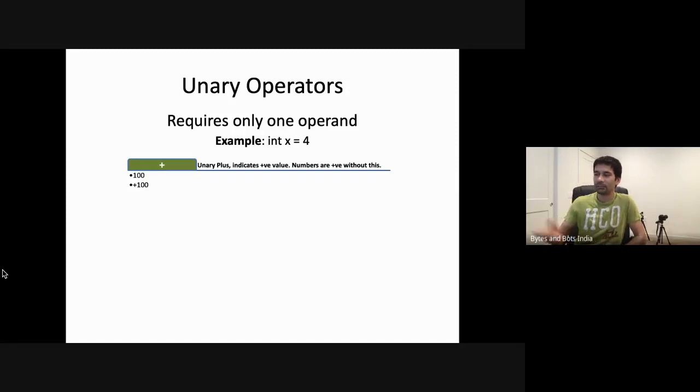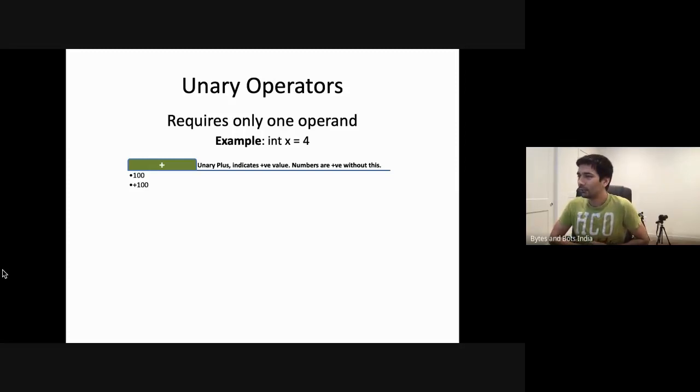As an example, we'll consider x as a variable with its value set to 4. The first unary operator we'll look at is unary plus. It indicates a positive value. You can write int x equal to 4, or int x equal to plus 4. Both mean one and the same, but the plus is optional here. It is assumed that if there's no negative, it's a positive number.